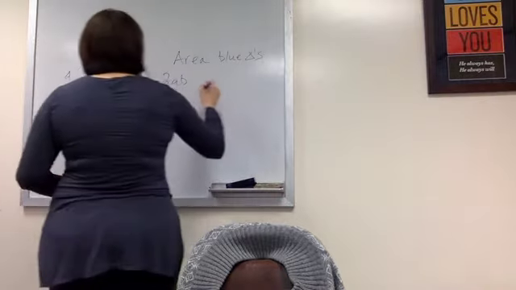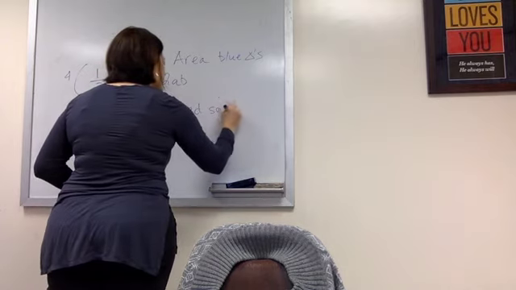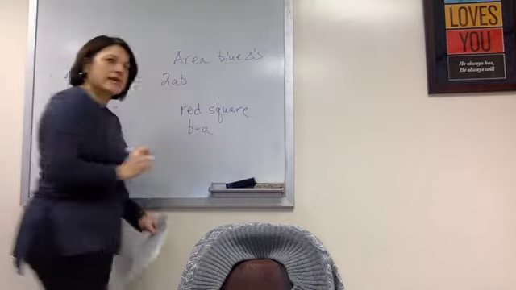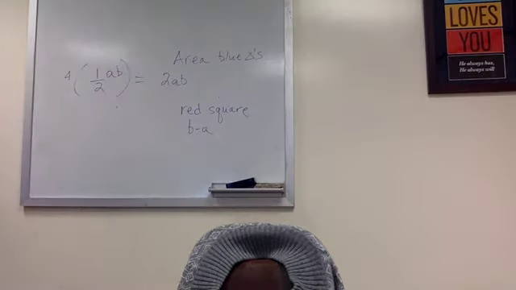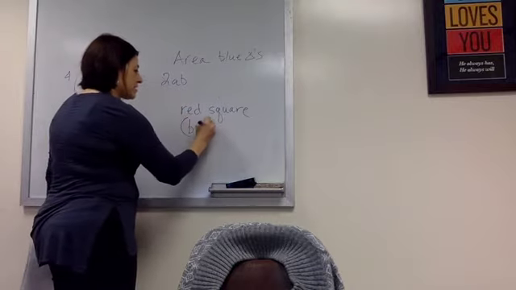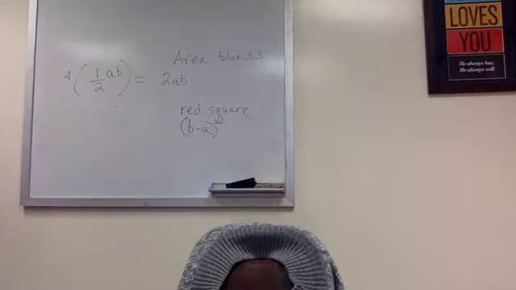B's longer than A. So one of those lengths of the red square is B minus A. Do you guys see that? We don't want a negative, so I'm going to take the larger minus the smaller. And the area of that is going to be what? B minus A squared. You guys agree with that?